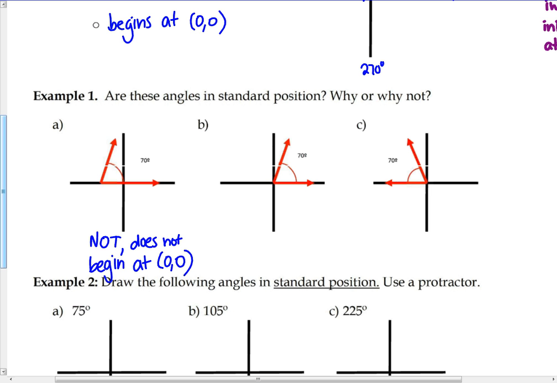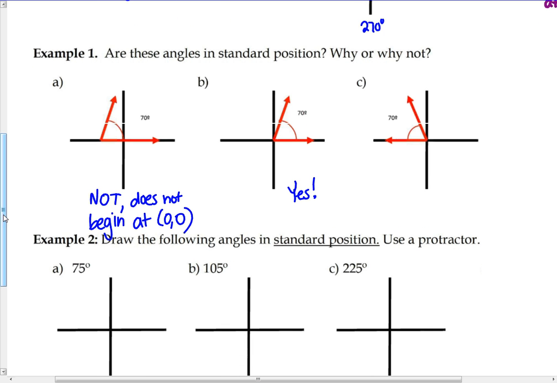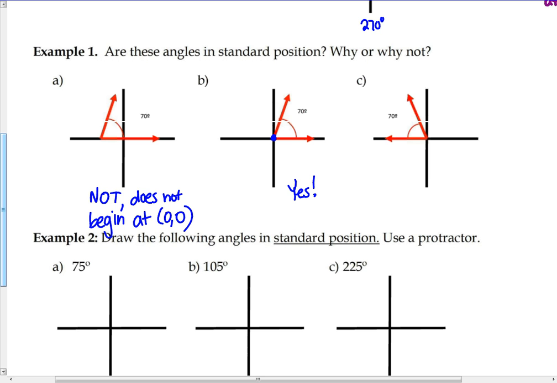Is the next one in standard position? Yes. Our terminal arm and our initial arm meet at the origin, so that's a check. And our initial arm is on the positive x-axis, check, or 0 degrees.